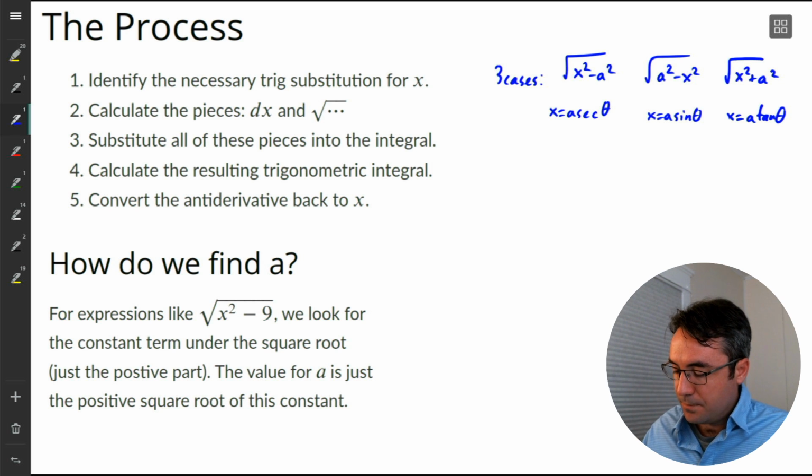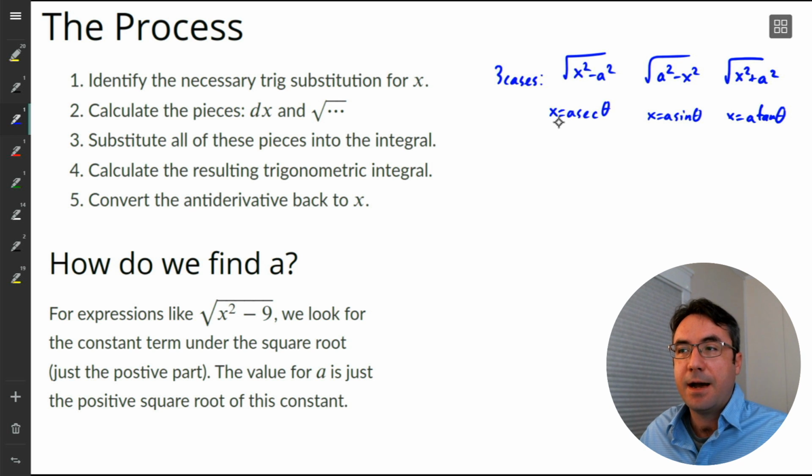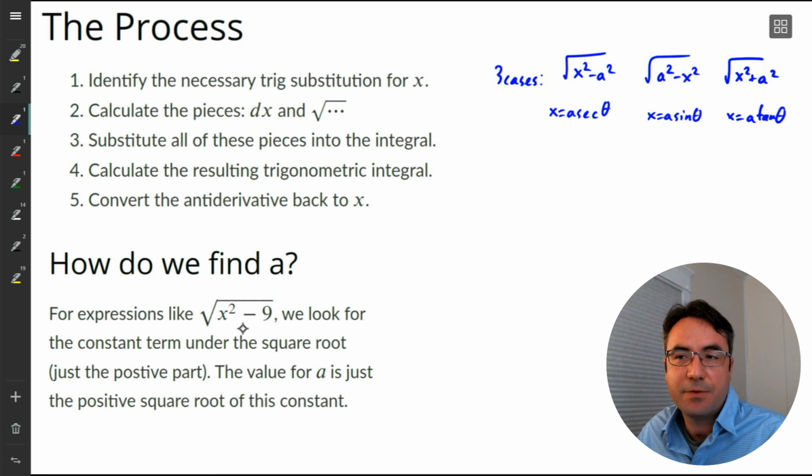All right, one quick thing to note: when we look at these square root functions inside our integral, we're picking a trig expression for x, and right now we're talking in generalities. We have this a squared, and we're using an a here. But in practice, how do we figure out what a is? Let's say we had the expression square root of x squared minus 9. How do we figure out the a value there?